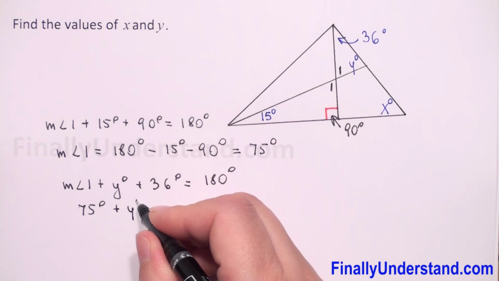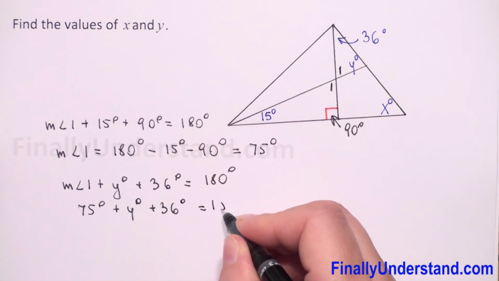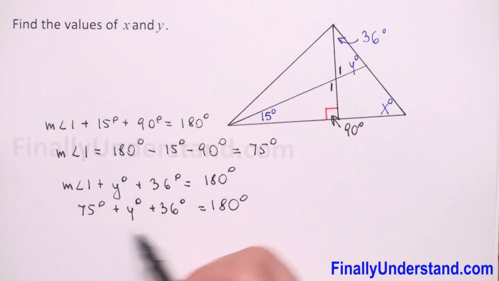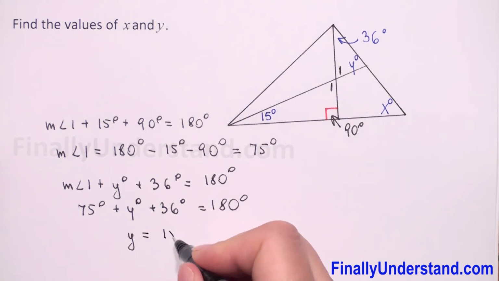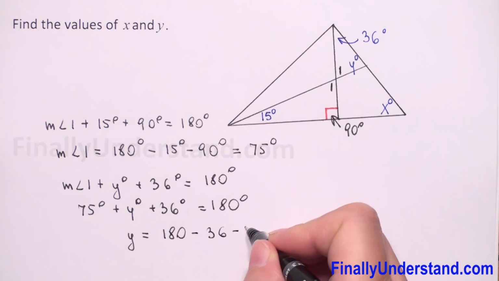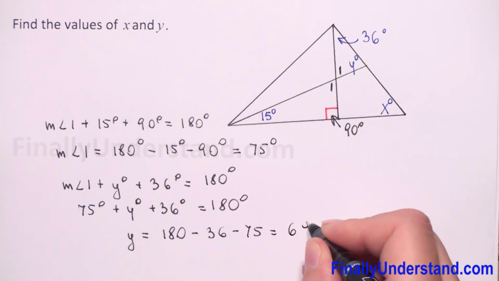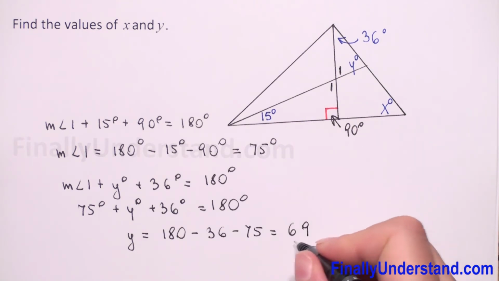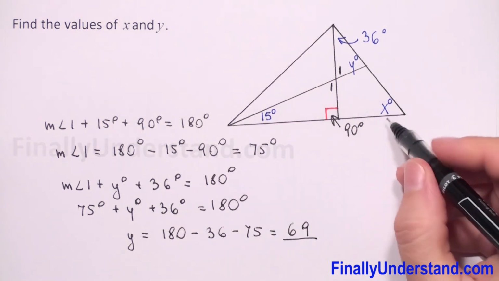Plus y degrees plus 36 degrees is 180 degrees. We have one unknown. Let's forget about degrees now. So we have y is equal to 180 minus 36 minus 75. So this is equal to 69. We found y. Next we have to find our x.